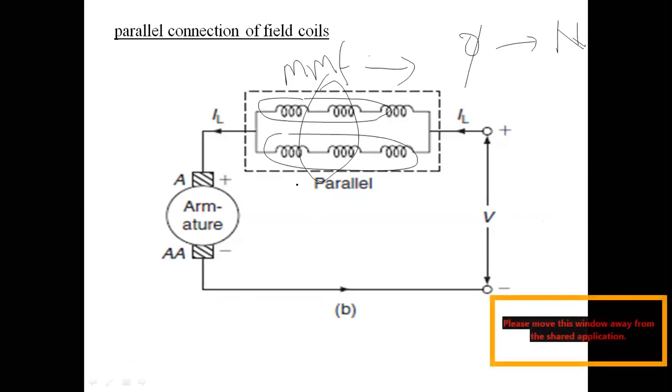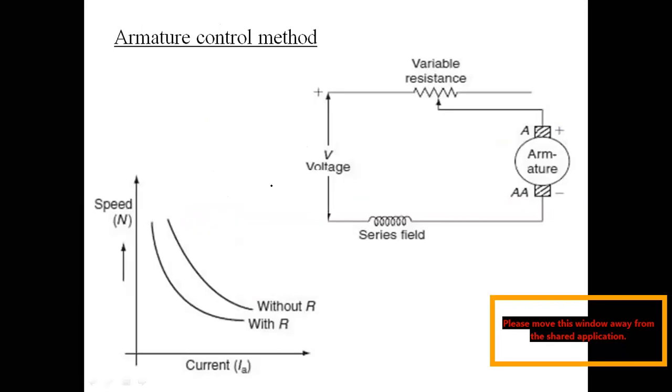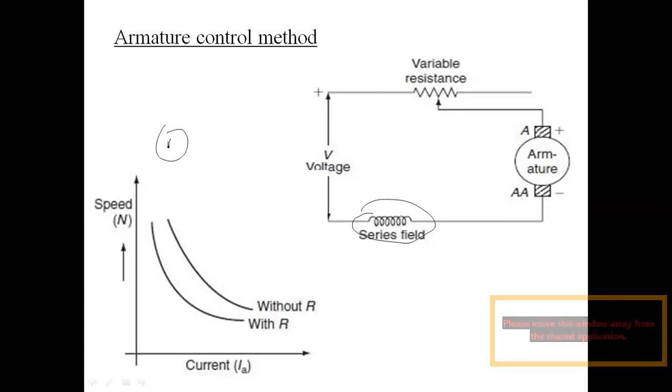And when coming to the second method, that is the armature control method, this is what happens here. This is your series motor. See here, the series field has been connected here. We always draw this motor like this for the series field.